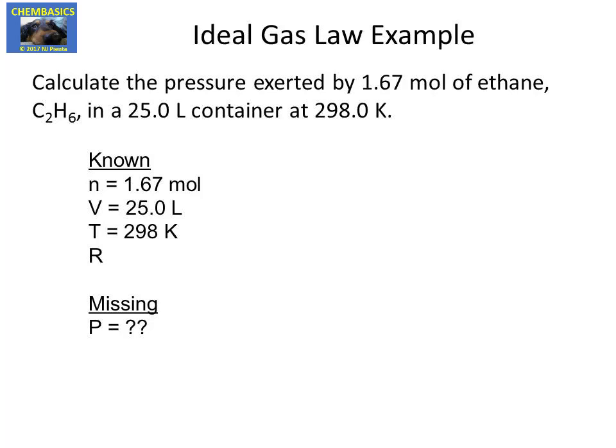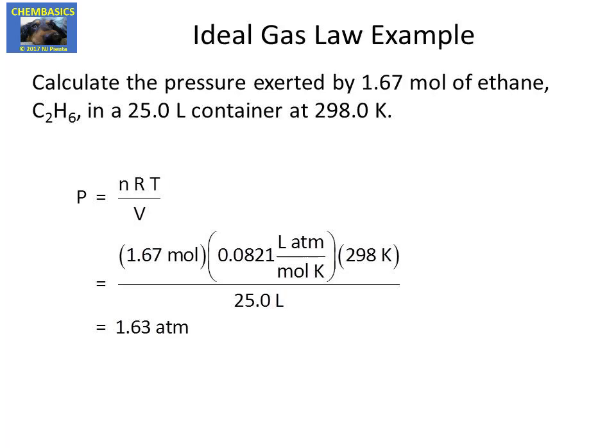In summary, what is known is n, 1.67 moles, V, 25 liters, T, 298 K, and the R value, 0.0821, and what's missing is the pressure that we're calculating for.